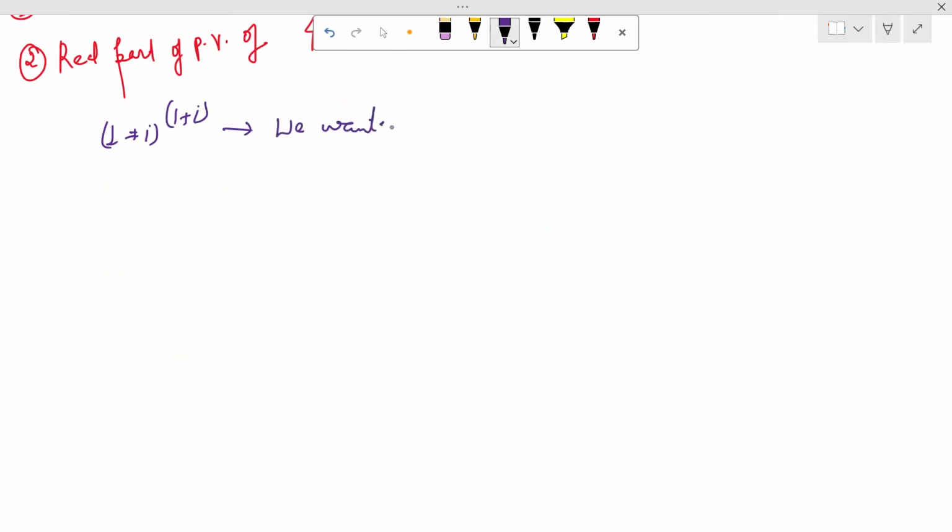We wanted to find the principal value of this particular complex number, 1 plus iota raised to power iota. So how to find this?